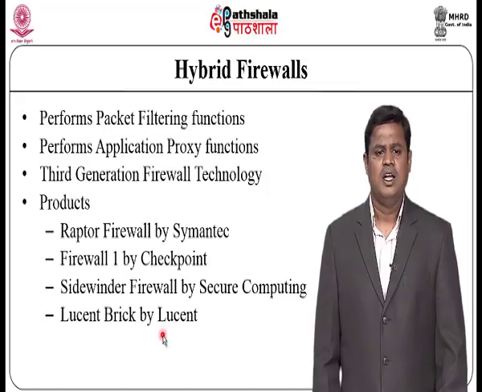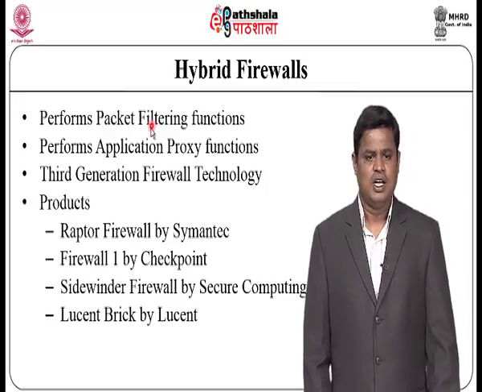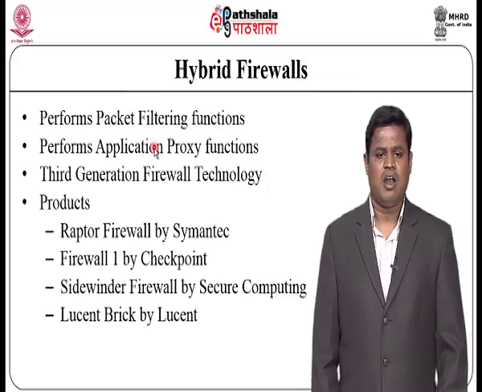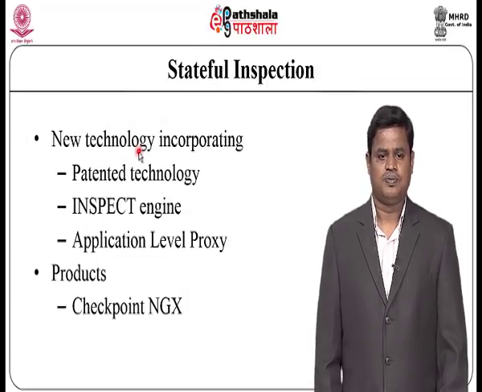These are third generation firewalls capable of performing packet filtering as in your ACL list, and also application proxy functions like a web proxy or application proxy, combining both operations to provide more flexibility.